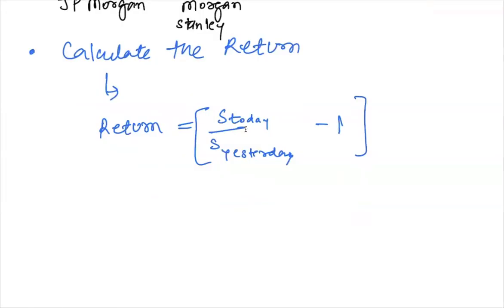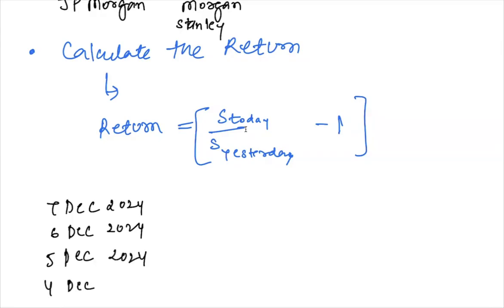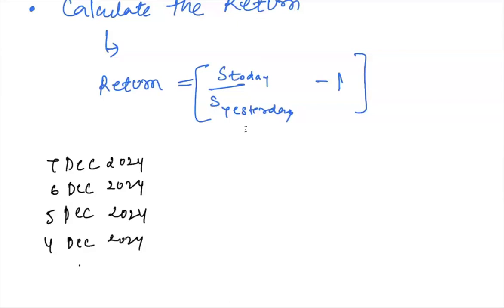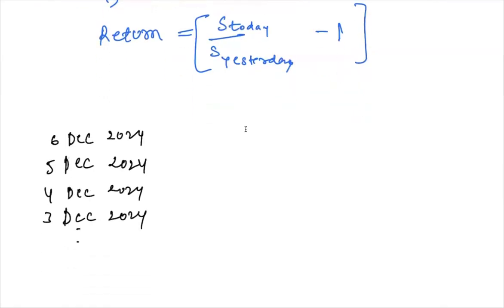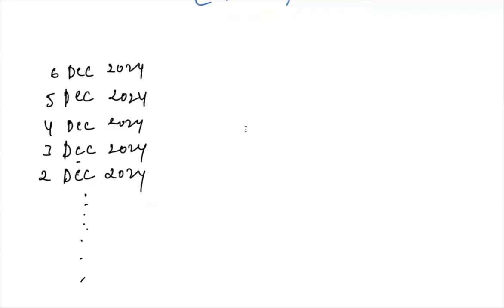Now let's say you have data something like this: 7th December 2024, 6th December 2024, 5th December 2024, 4th December 2024, and so on. 7th December is a Saturday, so let's remove this. We have these data points for the last 1 year.